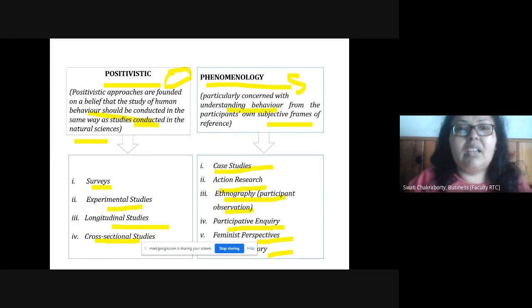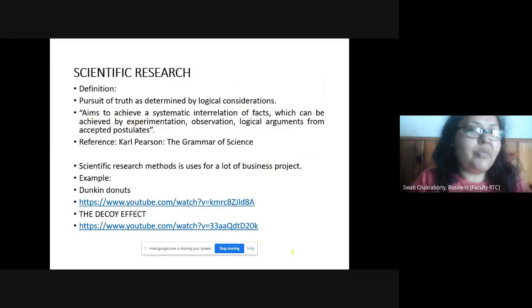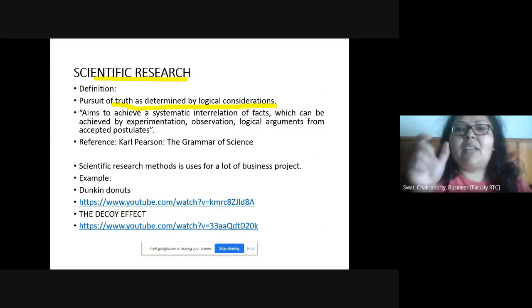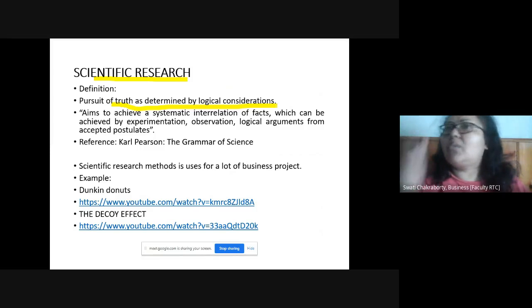Okay, next we come to what we call scientific research. Scientific research searches for truth, which is based on some logical considerations. It looks for truth, right? Whoever does it gets the same result. It is done to achieve a systematic interrelation of facts, how to interrelate facts in a systematic way.